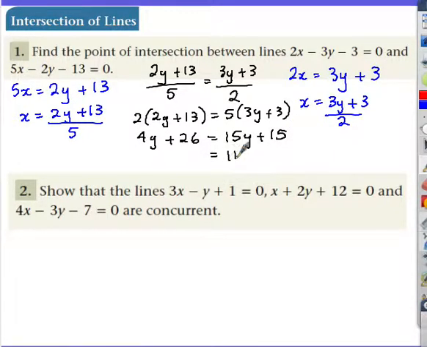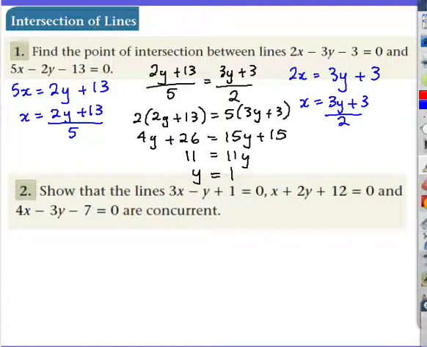Minus 4y, minus 15, and divide by 11. So y equals 1. Remember how I said basic arithmetic and algebra was the foundations of it? You can see it again. It comes up again. Alright, so now we've got y, we just have to find x.